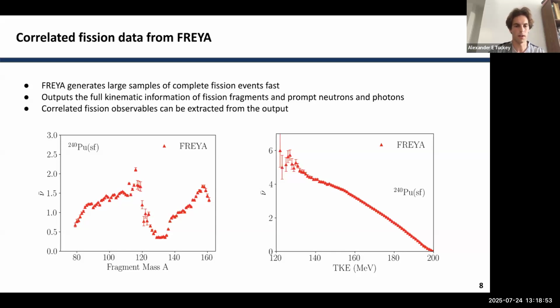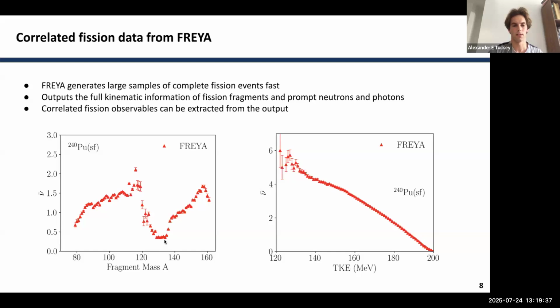If we look at the plot on the left first, we see this sort of sawtooth shape in the neutron multiplicity, where the light fragment typically emits more neutrons than the heavy fragment. And we see this dip around a fragment mass of 132. If you recall, I believe this was mentioned in an earlier lecture in the summer school, the shell effects that become present when we have these magic numbers of nucleons.